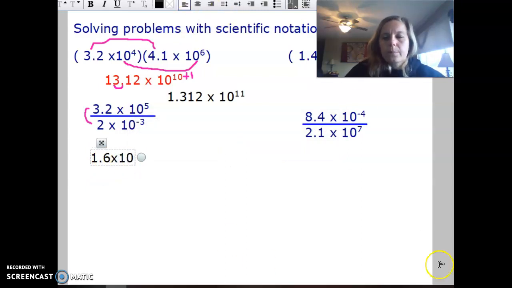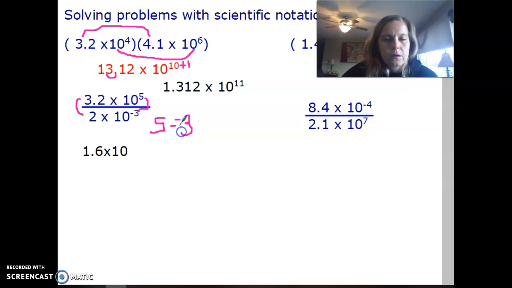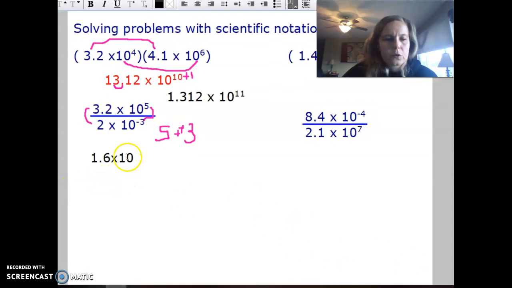And now remember, when we are dividing bases that are the same, we subtract the exponents. We have 5 minus negative 3, so that means this turns to a plus. So we get 10 to the 8th power. Okay? And our last step, are we in proper scientific notation? There's only one number in front of the decimal point, so we are in correct form.